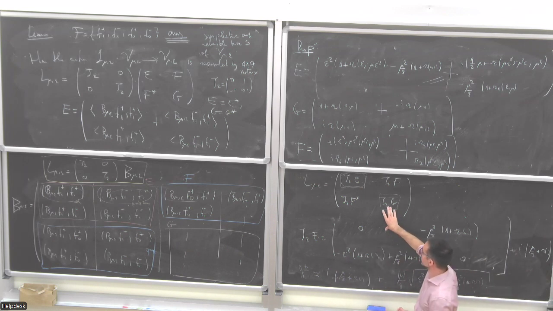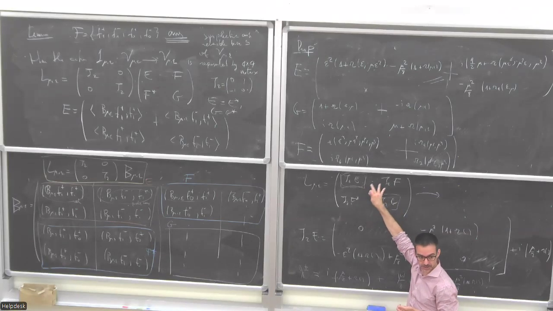These are pure imaginary, but there is a coupling. And so the next step will be to decouple, to conjugate this matrix, to make a change of coordinates in order to conjugate this matrix to a block diagonal matrix in which we remove the off diagonal term.